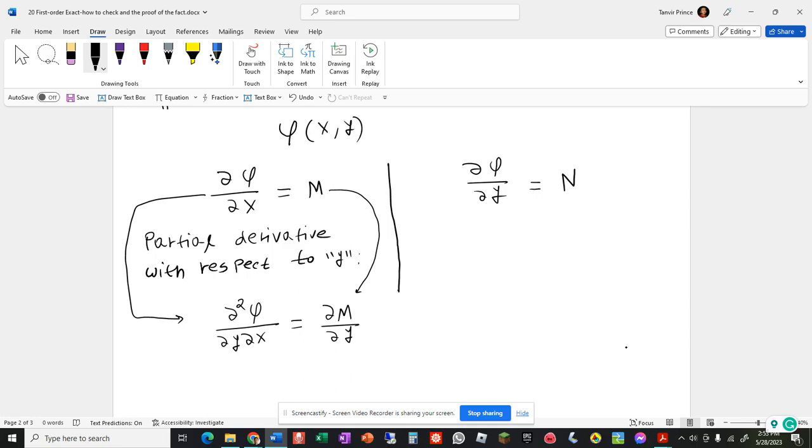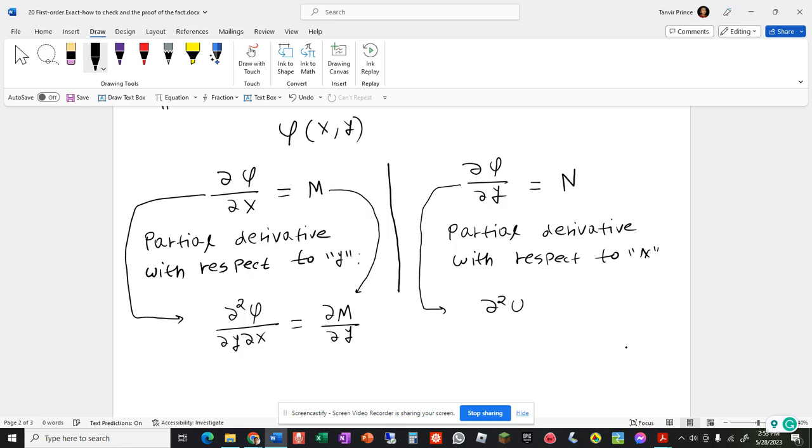For the second equation, let's take the partial derivative of both sides with respect to x. So this left hand side, I end up with the second partial of phi, first with respect to y and then with respect to x.